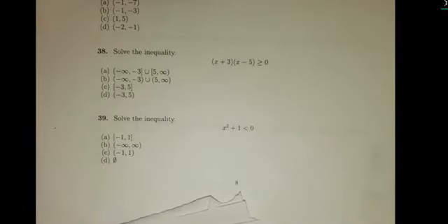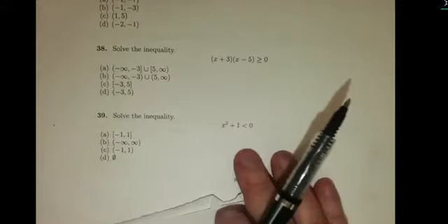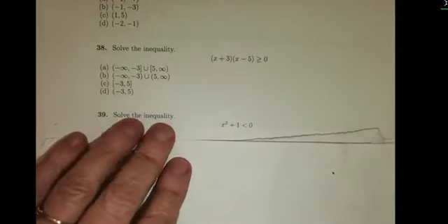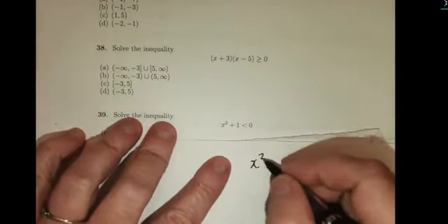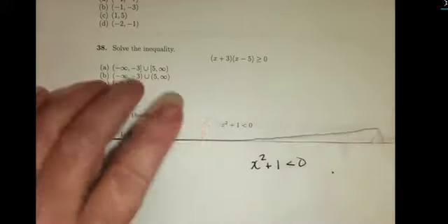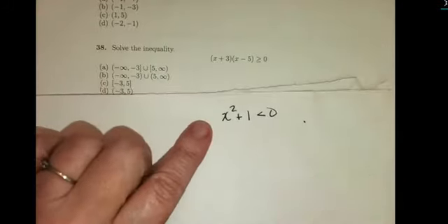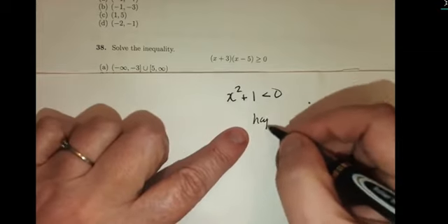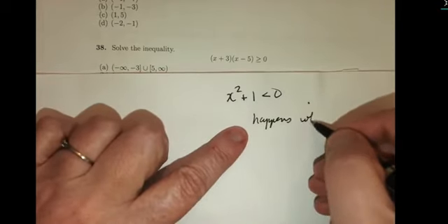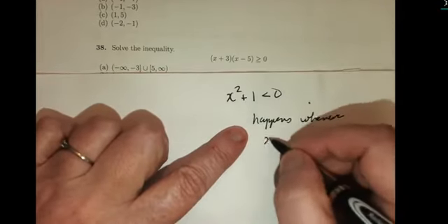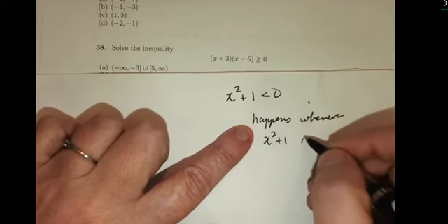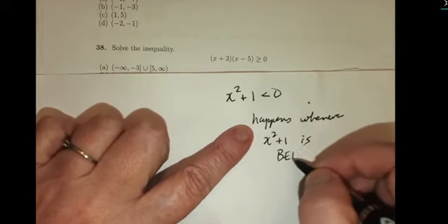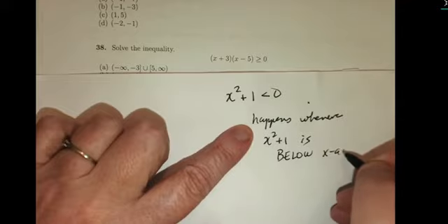And then 39, you've been told to solve this inequality. Okay. So where does this happen? Okay. This happens whenever the graph of x squared plus 1 is below the x-axis.